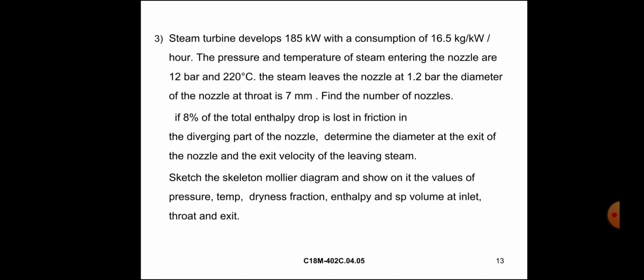Find the number of nozzles if 8% of the total enthalpy drop is lost in friction in the diverging part of the nozzle. Determine the diameter at the exit of the nozzle and the exit velocity of the leaving steam. Sketch the skeleton Mollier diagram and show on it the values of pressure, temperature, dryness fraction, enthalpy and specific volume at inlet, throat and exit.